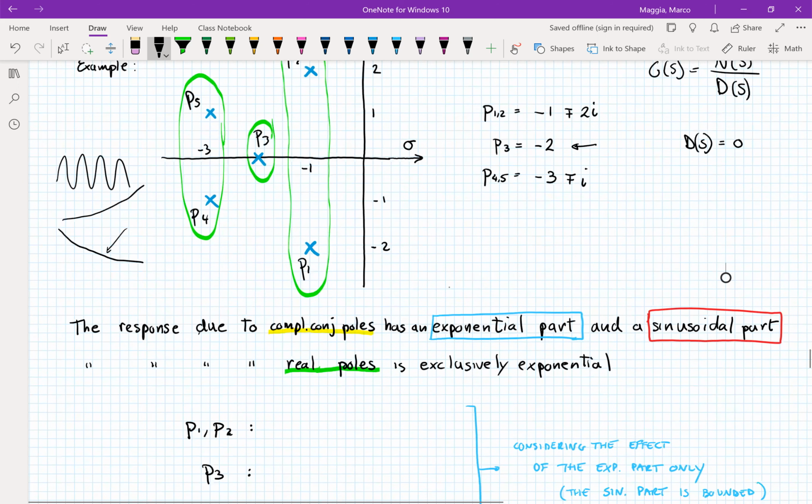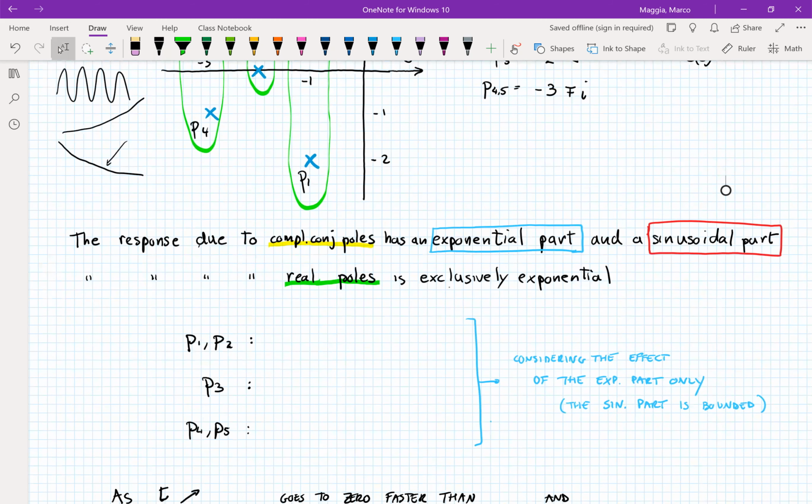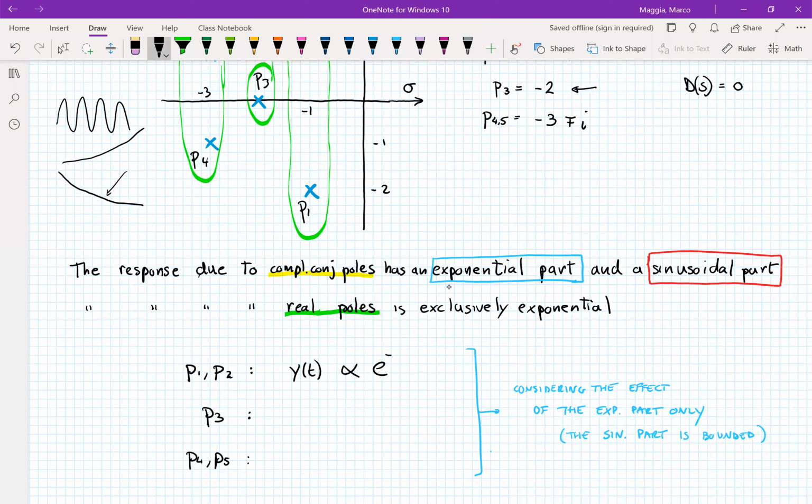So the exponential behavior connected to these poles, when we take a look at P1 and P2, is proportional to e to the power of the real part of P1 and P2, that is -1 times t.